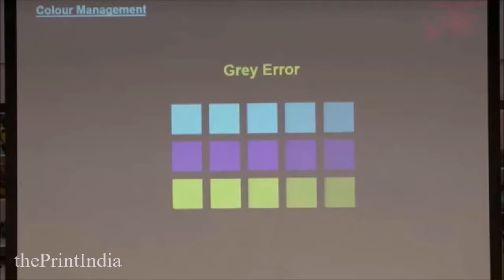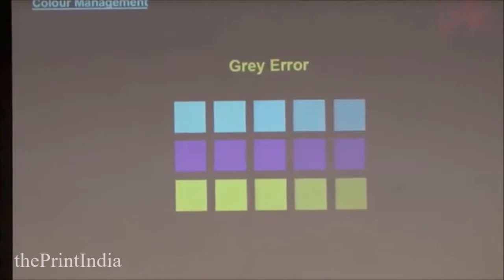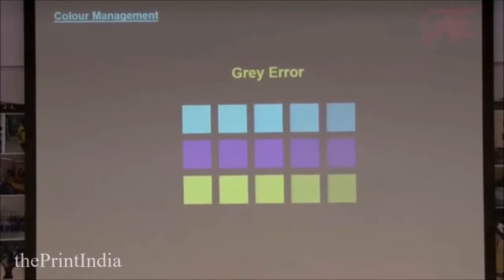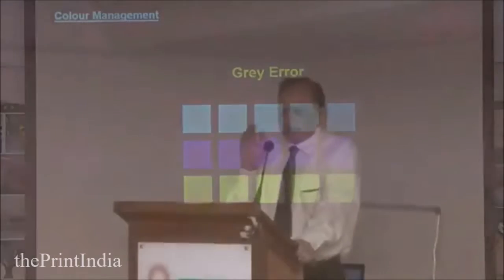So that spectrum decides which portion of the spectrum is entering your eye, and it gives you the impression whether it's a cyan color, magenta color, or yellow color. Okay? And that color, whether it has slightly tinge of the other color or not.